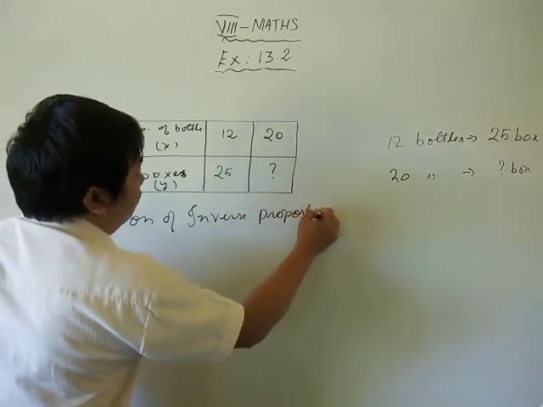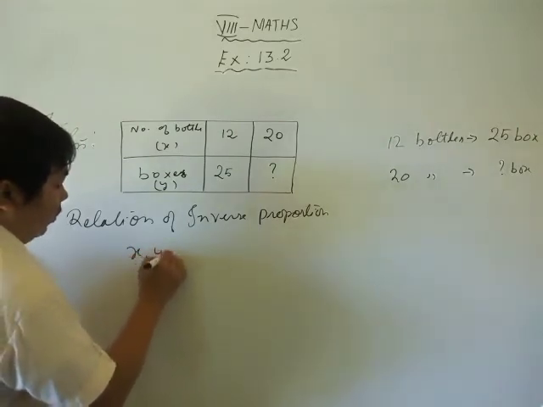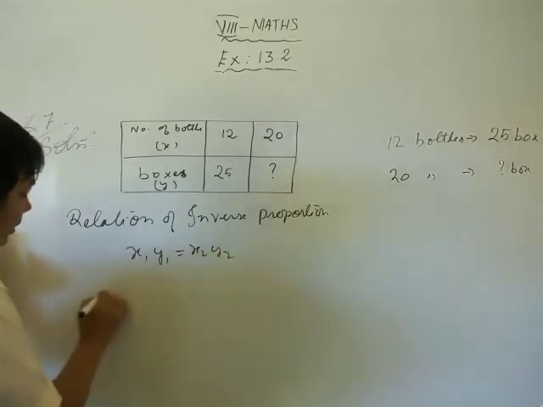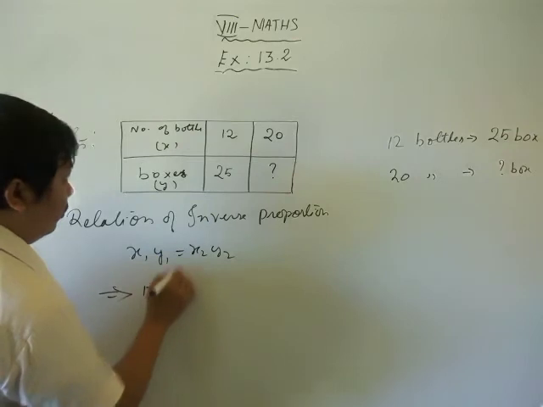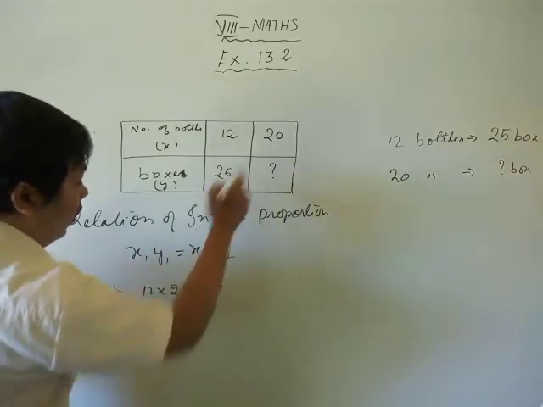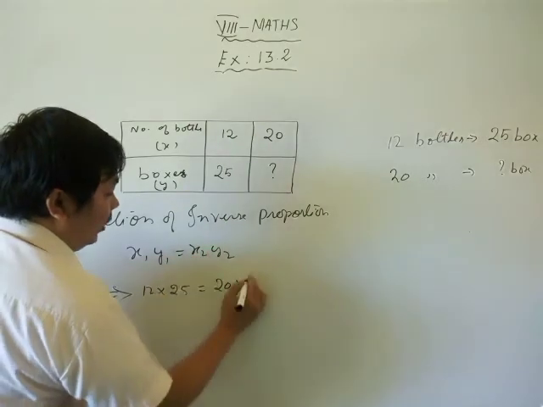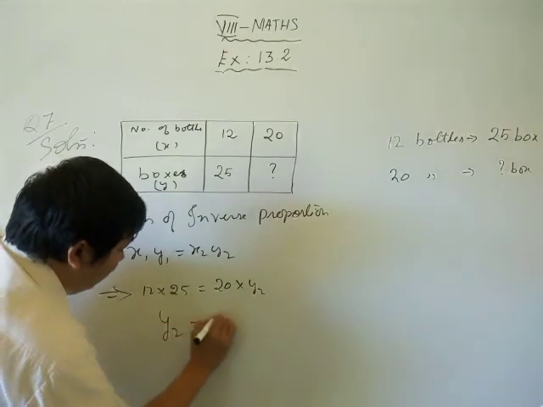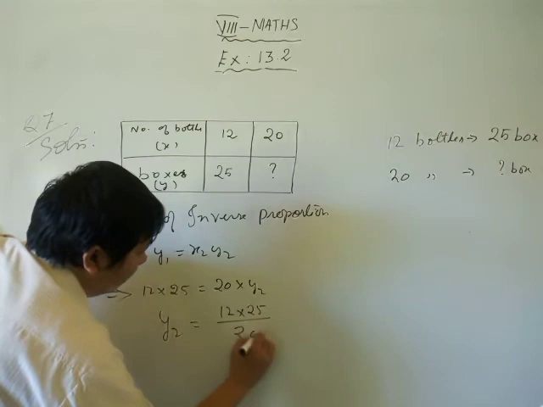The relation of inverse proportion is x1 y1 equal to x2 y2. Apply this: x1 is 12, y1 is 25, x2 is 20, and y2 we can find out: 12 into 25 by 20.